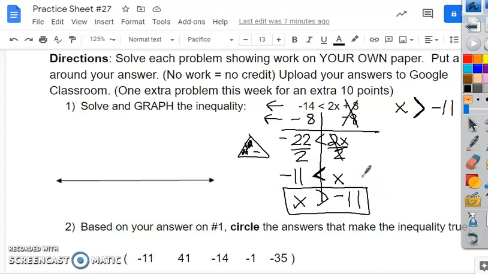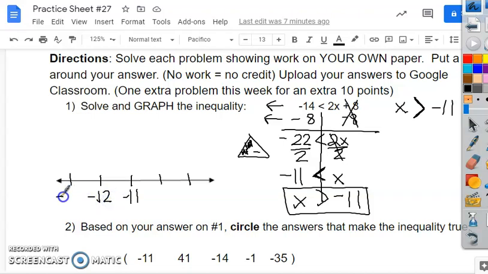Now when I graph, remember we always put the number negative 11. Then I need 2 to the right, 2 to the left. So remember it gets more negative.